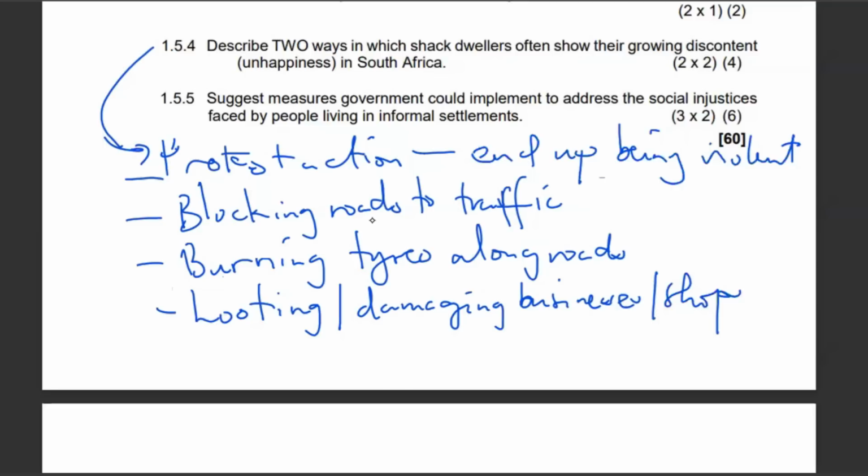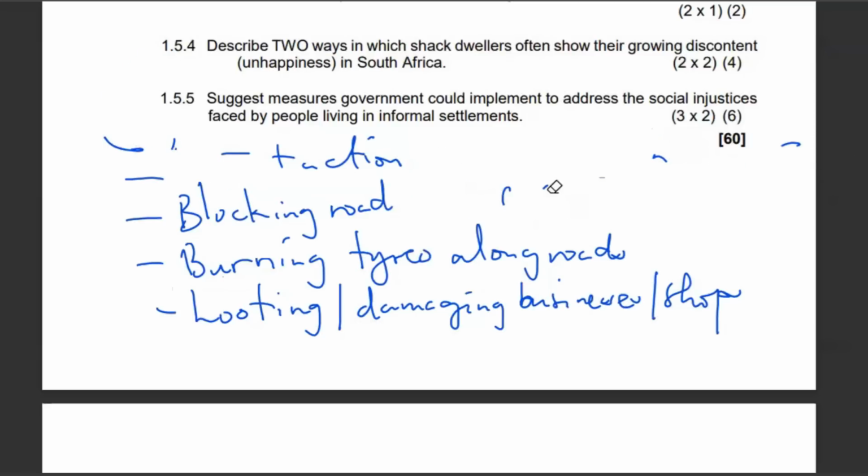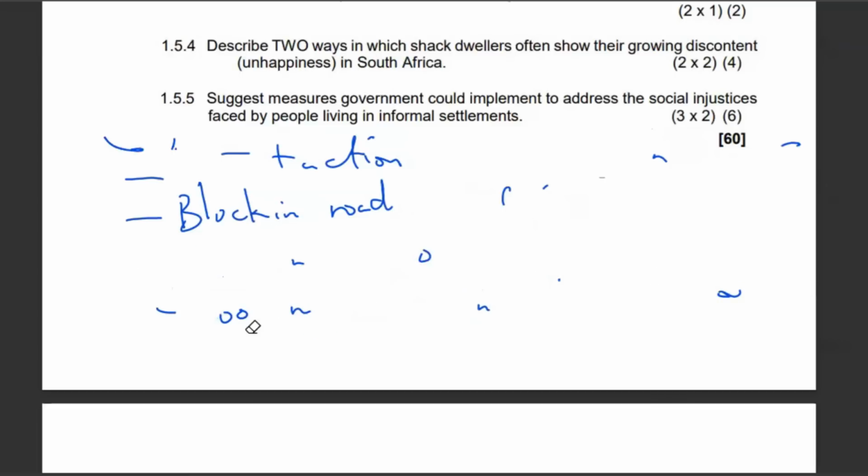We move on to the last part of question number 1.55. Suggest measures government could implement to address the social injustices faced by people living in informal settlements. What can be done to try and improve the conditions of life of people living in informal settlements? Right. This is now the duty of the government.